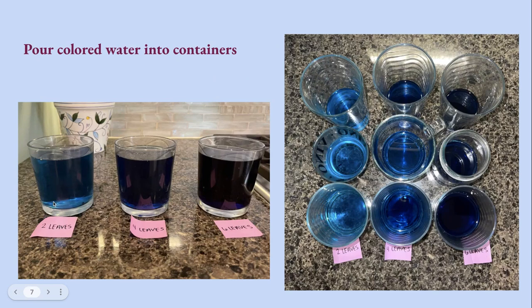So here I put each section into their own cups, and then I labeled it, and you can see there's a nice gradient color from the different concentrations of the leaves. And then once I got this, I separated each of these cups further, and I did that so that I can see acids and bases in the lightest, middle, and darkest color.